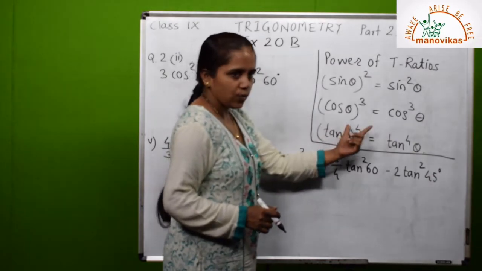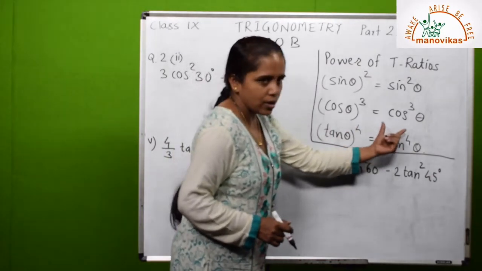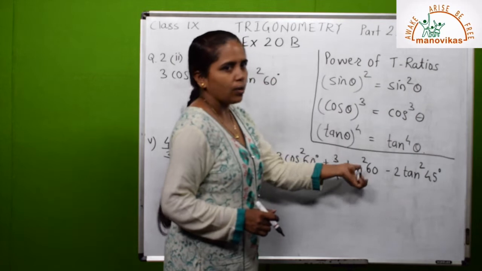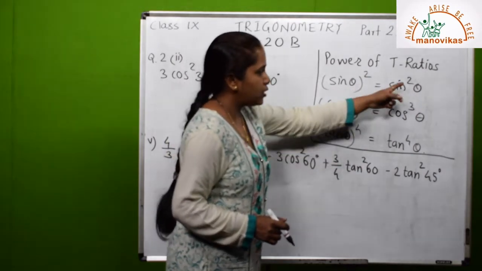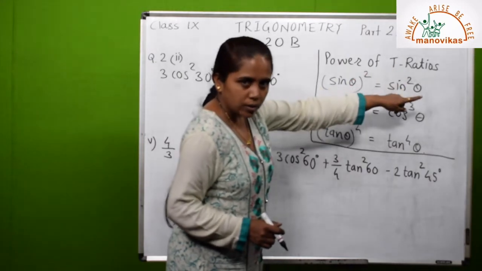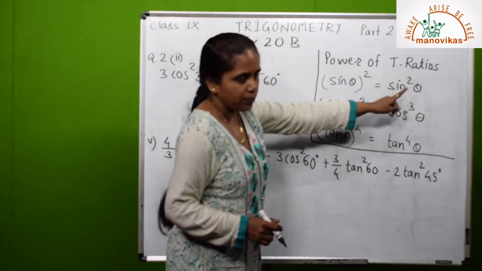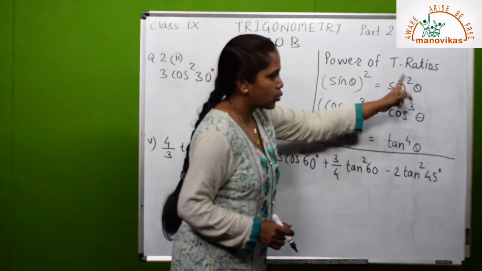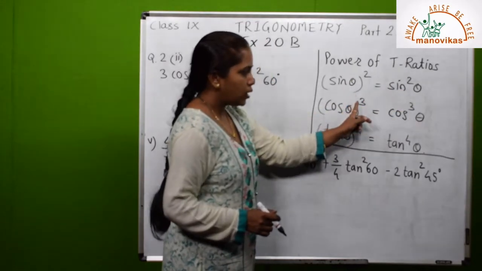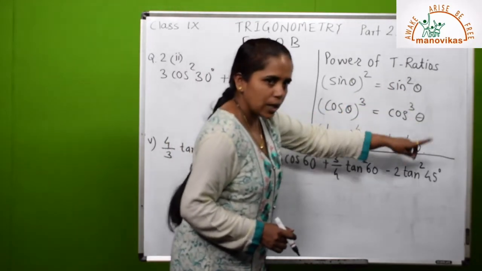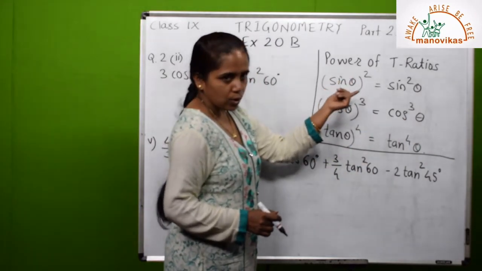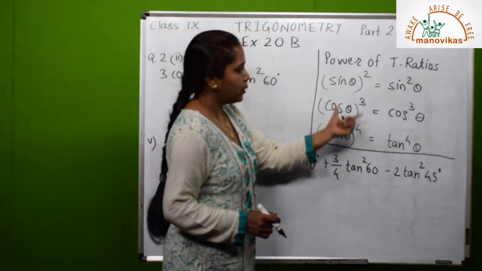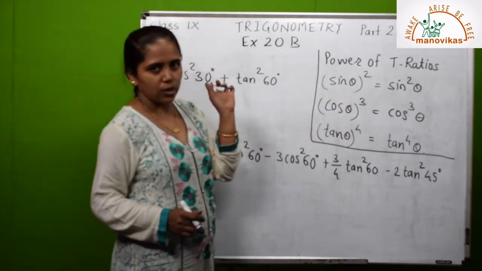Tan theta raised to 4 you can write as tan raised to 4 theta. For any trigonometric ratio, we write the power first and then the angle theta. So sin theta square is sin square theta, cos theta cube is cos cube theta. This is the notation for the T ratios whose exponent can be written like this, the power of T ratios.